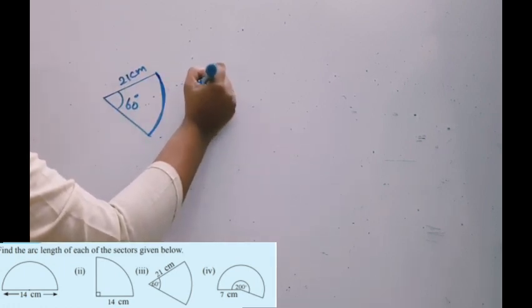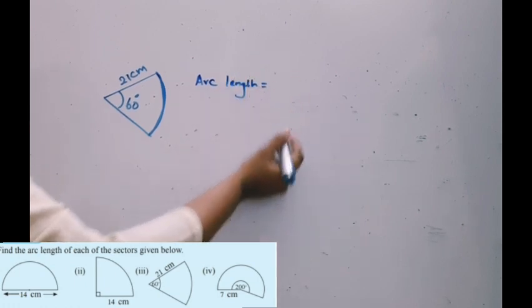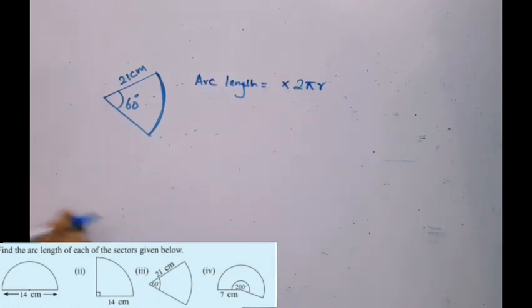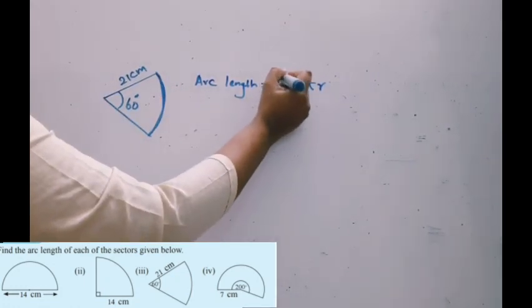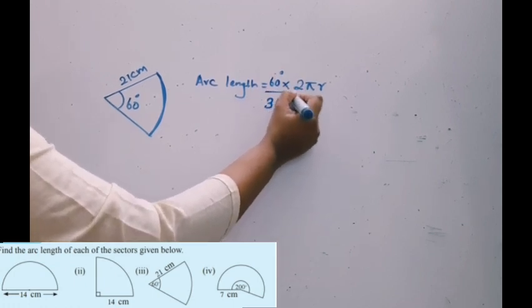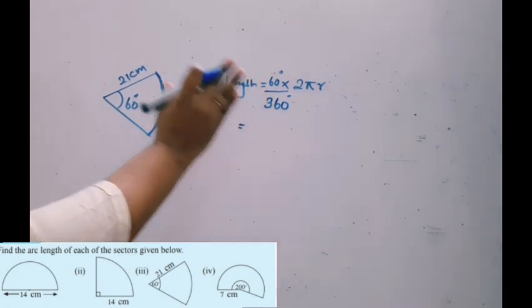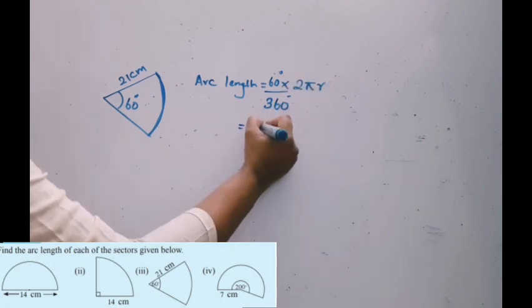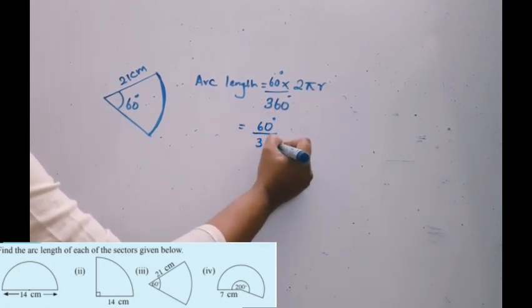So the arc length of this sector is going to be 2 pi r multiplied by, since this is 60 degrees, 60 out of 360 degrees. Now all you have to do is simplify this properly and find the answer. Let's substitute the values of r and pi first.